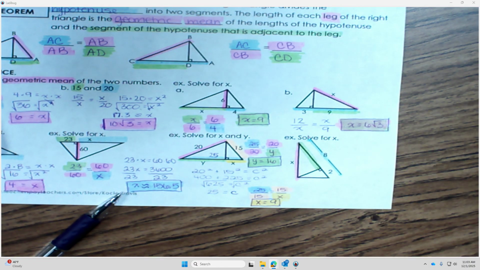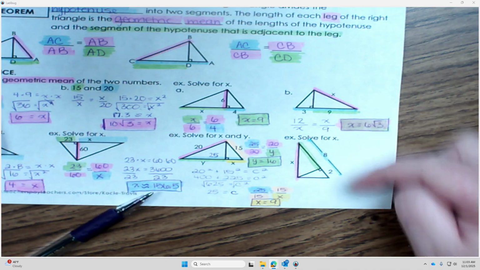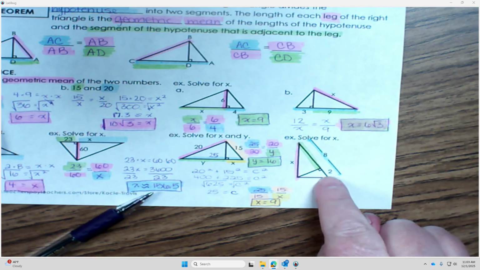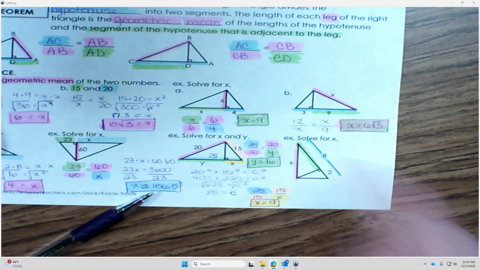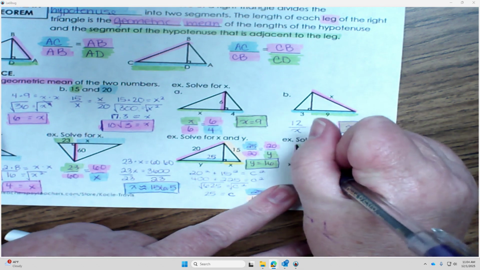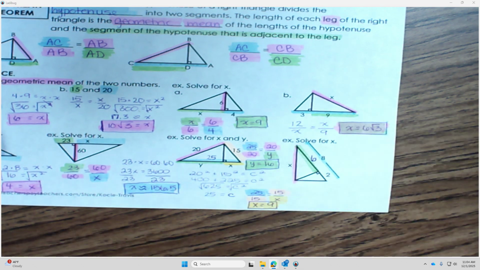So I'm going to use my segment addition postulate and go, hey, I know if the whole hypotenuse is 8 and this little bit over here is 2, then the missing part is 8 minus 2, which is 6.